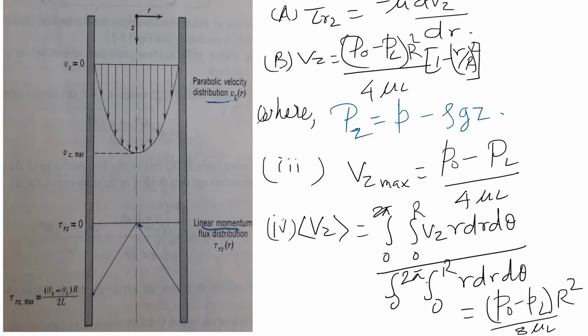So in the previous class we obtained the profiles for tau rz and vz, and then we applied it for vmax, right? Vmax is at r equal to 0.